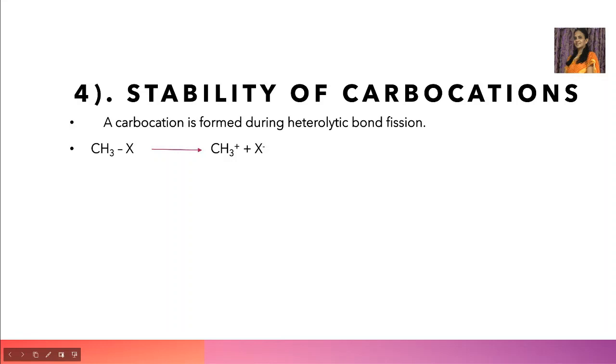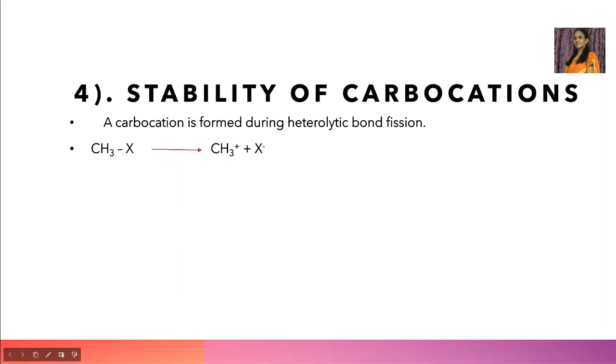Now here, if we consider this molecule CH3-X, X is more electronegative than C. Because of that reason, if this bond breaks, this X goes with the bond pair of electrons and it becomes negative, and the CH3 becomes positive. So here, due to heterolytic bond fission, we got a carbocation. This is carbon bearing a positive charge, a carbocation.